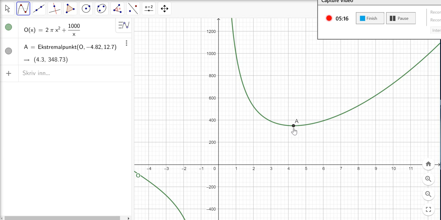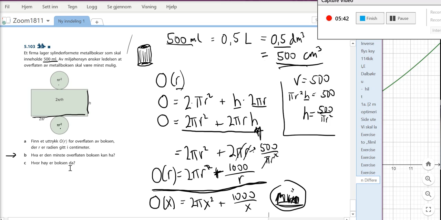X here is the radius of the cylinder, so the radius should be 4.3, and the y coordinate here is the surface area. So then the surface is only 348.73. So that's the answer here. The radius should be 4.3, and then we use this much metal to make this cylinder like this.